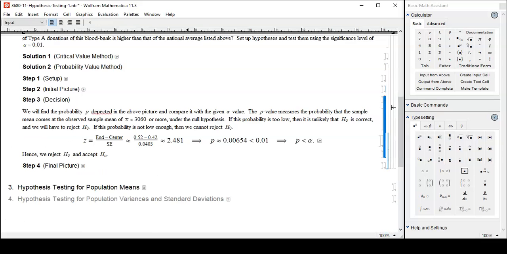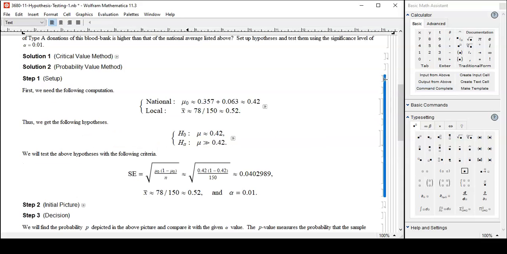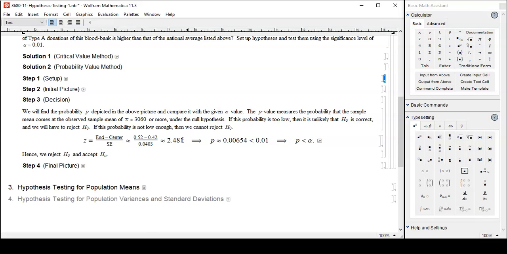So let's do the computation. End minus center over SE. 0.52 minus 0.42 over SE computation, which is, as a matter of fact, this. If we do all that, we are going to get about 2.481.